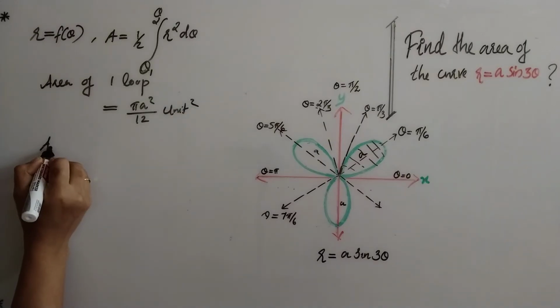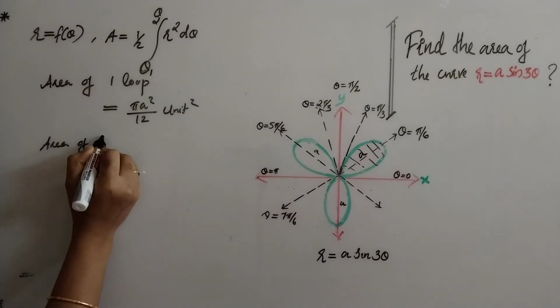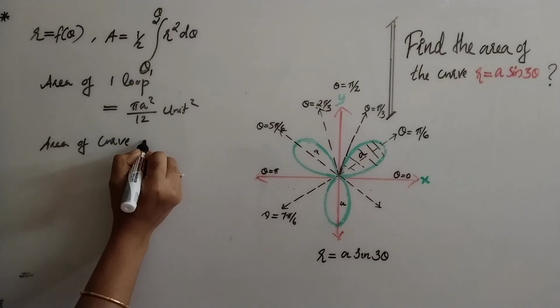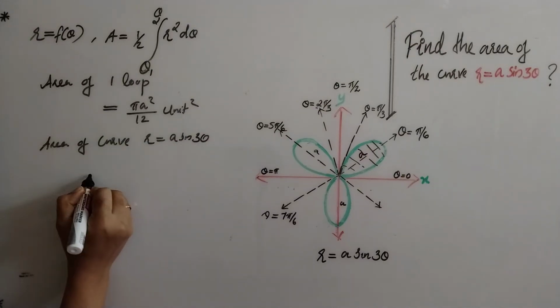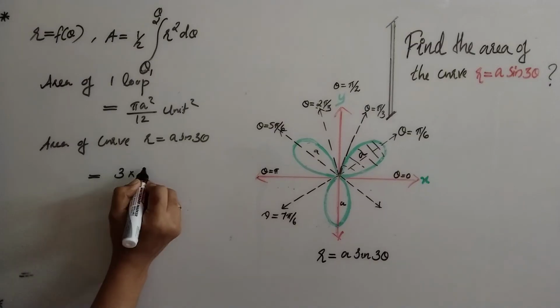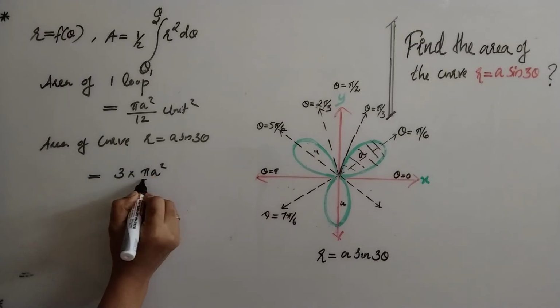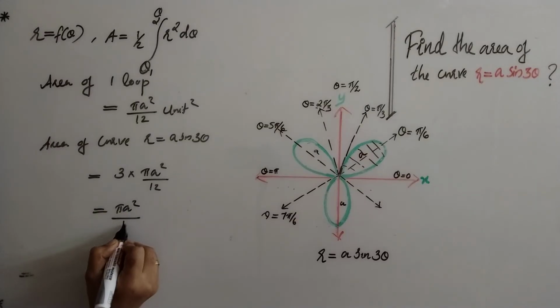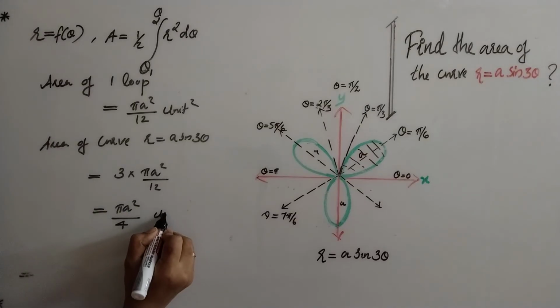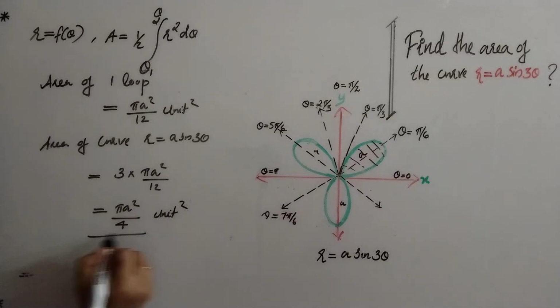Then the curve r equal to a sin 3 theta has 3 loops. So 3 into pi a square by 12, that is pi a square by 4 units square. This is the complete area, pi a square by 4. Thank you.